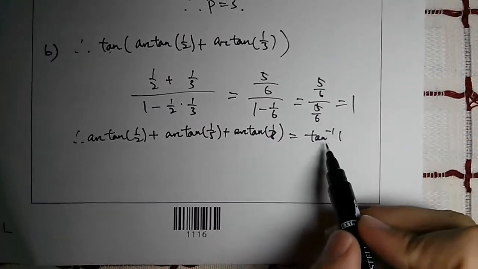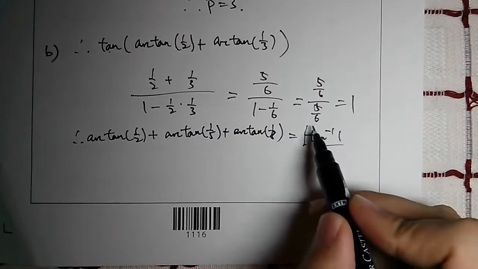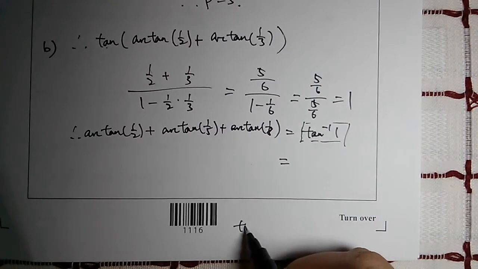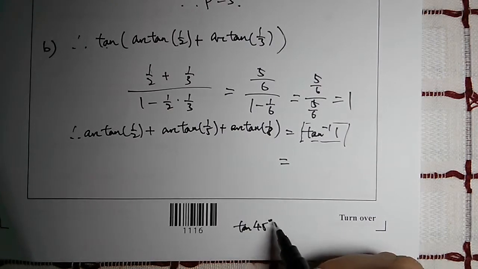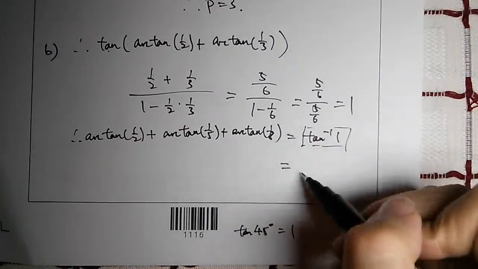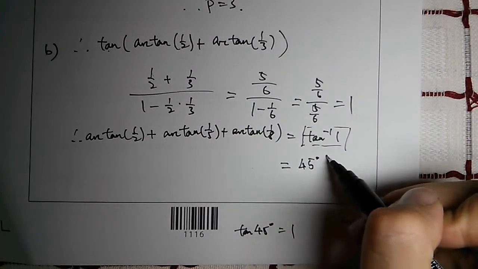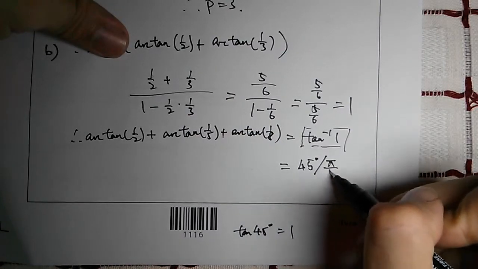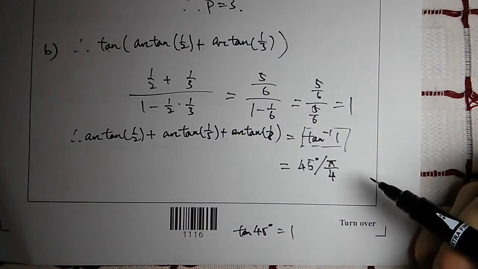Of course, this is a special angle. If you remember, tangent 45 degrees gives you 1. So you can write 45 degrees, or you can give radians. Both are correct. In radians, 45 degrees is pi over 4.